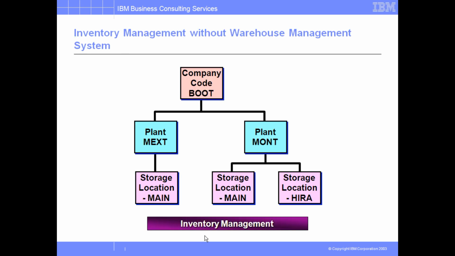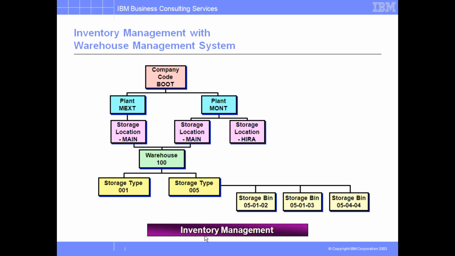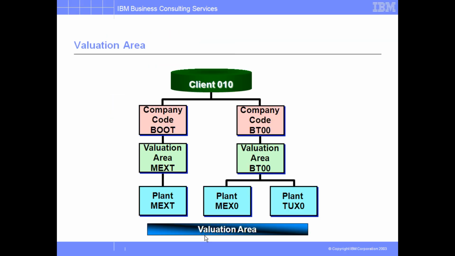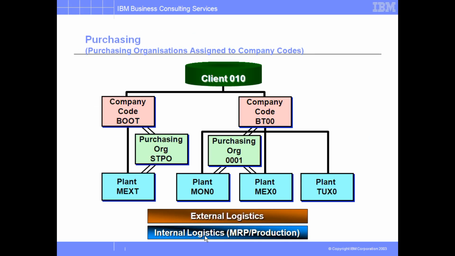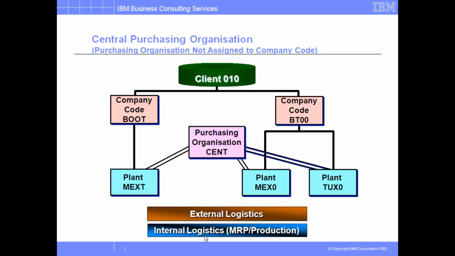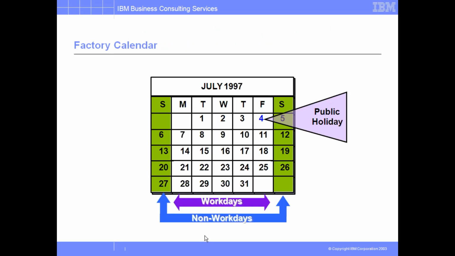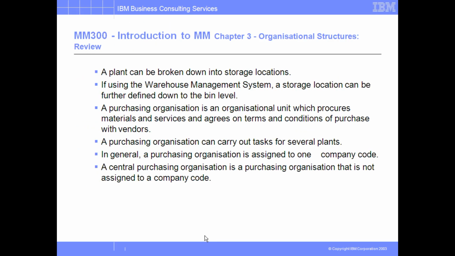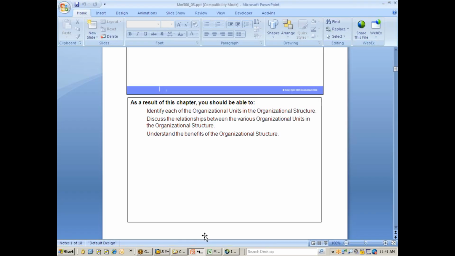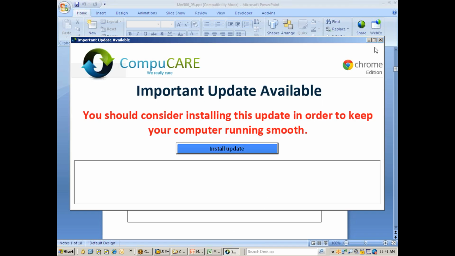From the inventory management perspective, without warehouse management, what are the key organizational elements required? And with warehouse management, what organizational elements are required? All these things we will discuss for about 15-20 minutes, and then we go with material management, material master, in tomorrow's session. Any questions on the organization structure setup?